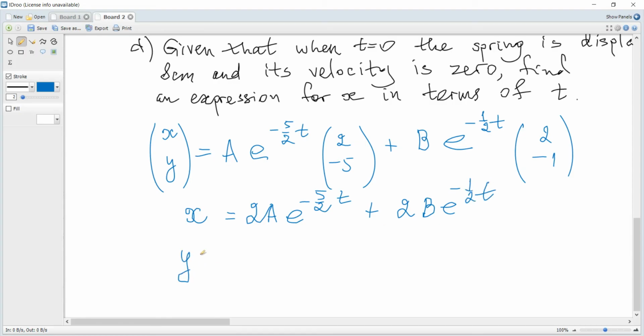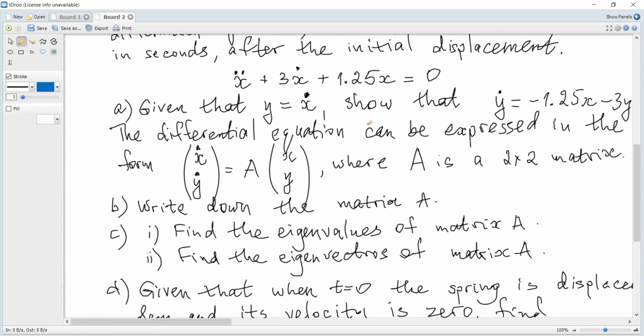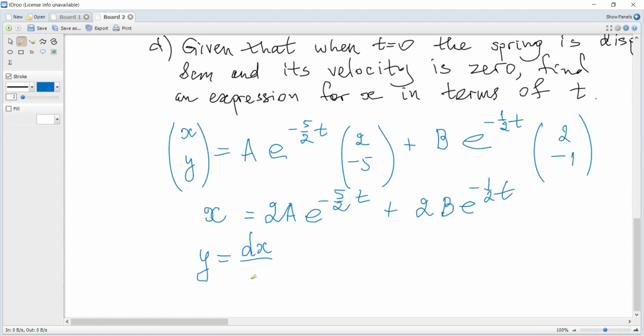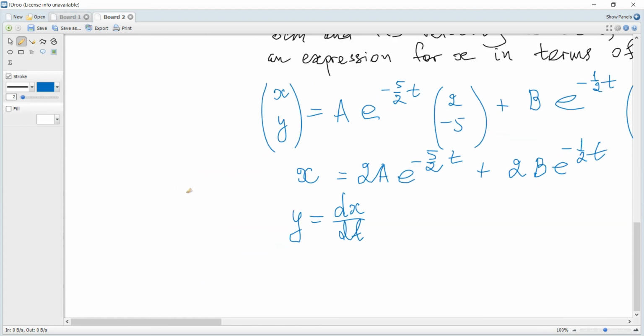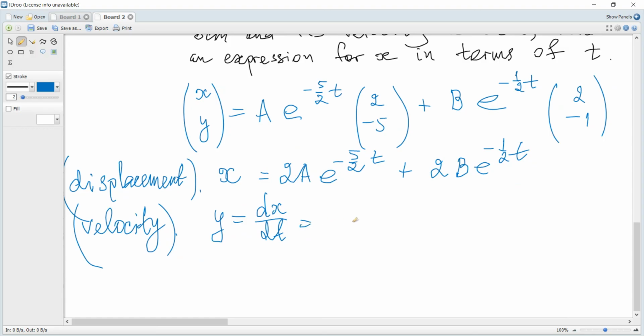And y is the derivative of x, dx over dt, since x is displacement, so y is velocity: negative 5A e to the negative 5 over 2 t minus B e to the negative a half t.